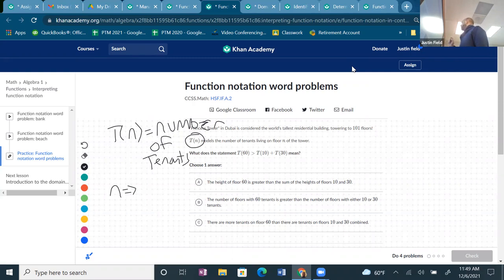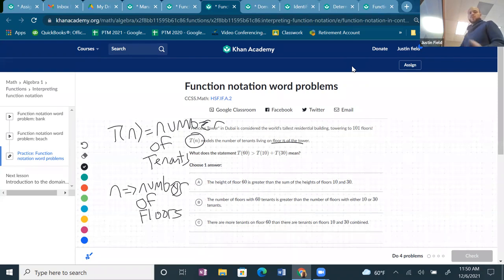I can tell you what n is. Floor n. N is the number of the floor. It's the floor number. So not the number of floors, it's the floor number. All right.